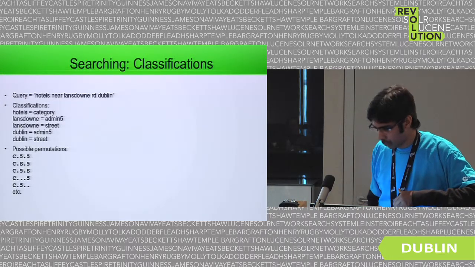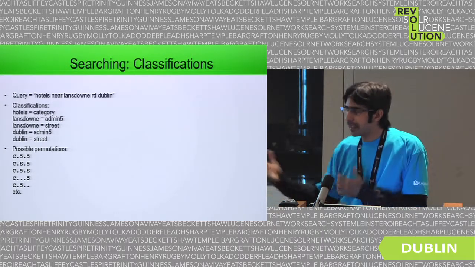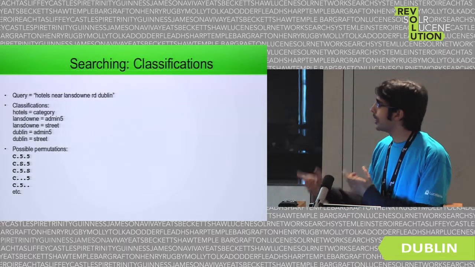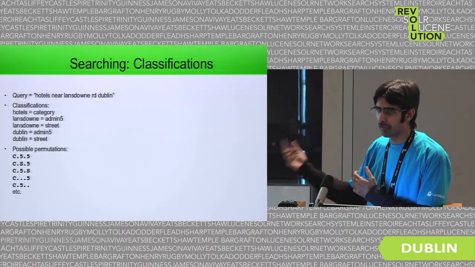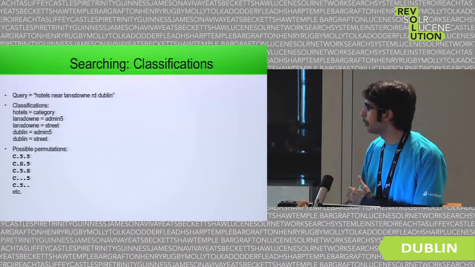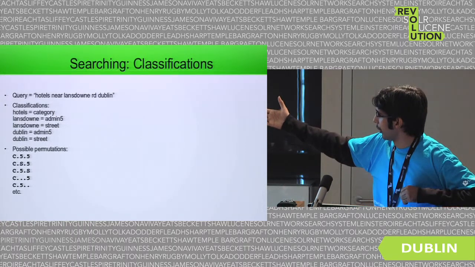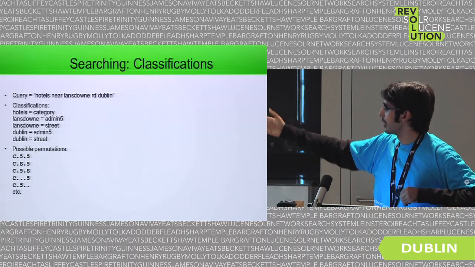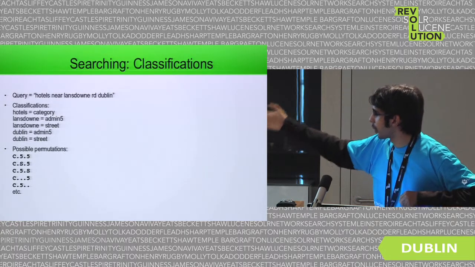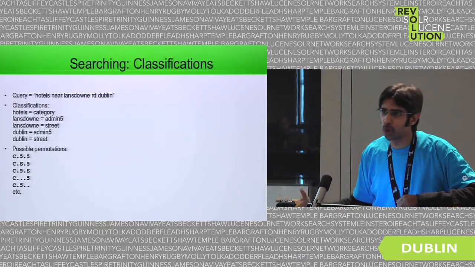So there we go for the possibilities of the various combinations of these classifications that we are led to. This is a combinatorial problem. Some of the possible permutations are C.5.5, where dot is indicated by an unknown geography.